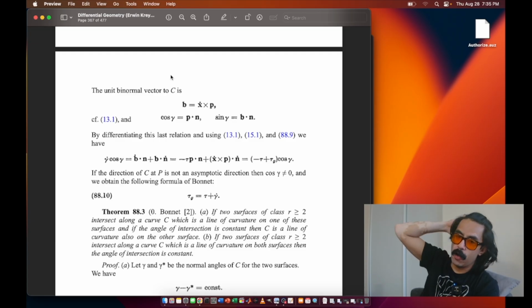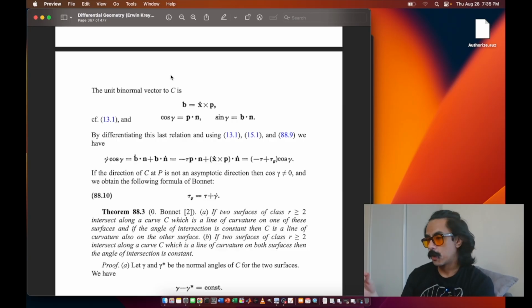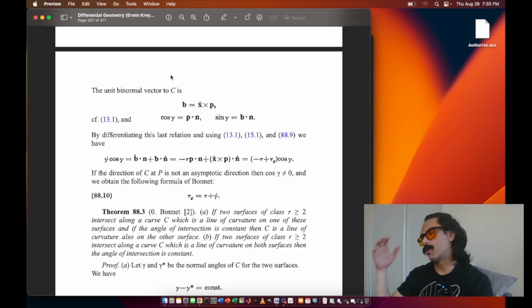So kind of like how I just skirted around in the geodesic chapter, this is arguably one of the most famous theorems in differential geometry, the theorem of Gauss-Bonnet.